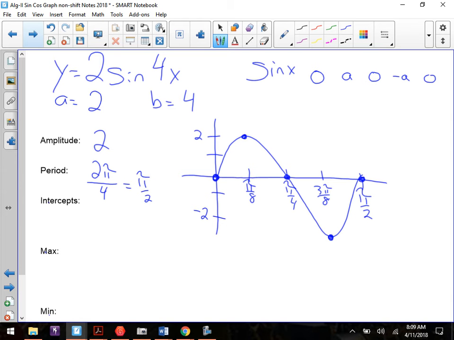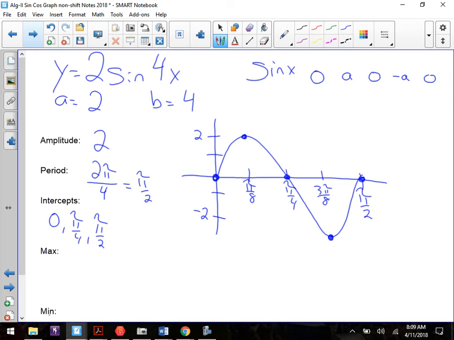Anyway, intercepts. You're intercepting, in this case, where are you crossing your x-axis? You cross your x-axis at 0, pi over 4, and pi over 2. The reason why I was trying to show you guys that is because think about it in terms of quadrantals. You end a sine on a quadrantal, you start a sine on a quadrantal, where it's equal to 0.